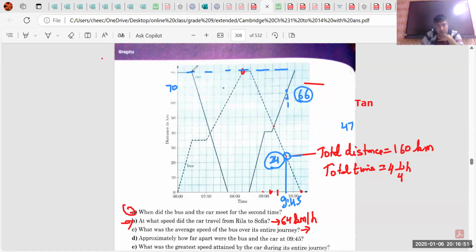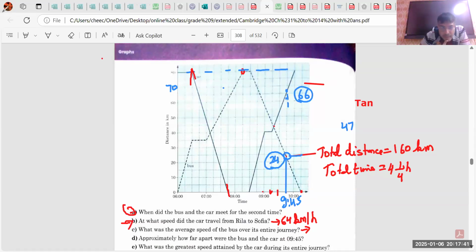Next answer is also correct. Tanish, you give your answer. Sir, 80 kilometers per hour.